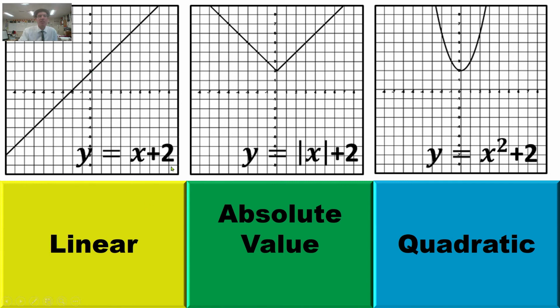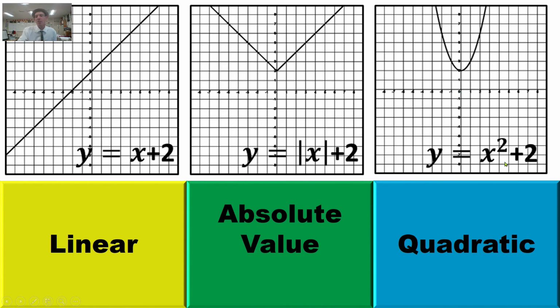In the linear function family, that was called the y-intercept. In the absolute value function family, you can see instead of having the V-shaped graph with its vertex at the origin, now the V-shaped graph has its vertex at 0, 2. It has been translated up 2 units by adding the 2 onto the end. In the quadratic function family, again, our U-shaped parabola does not go through the origin.